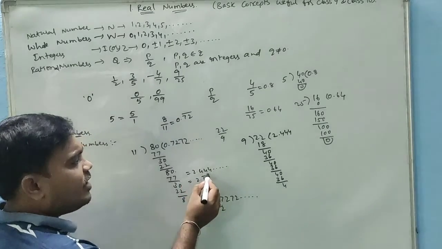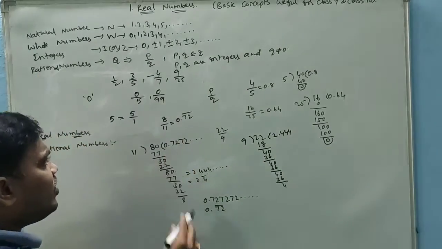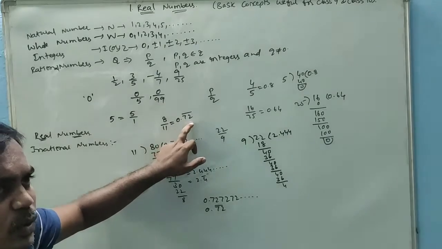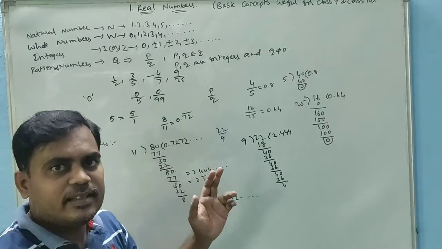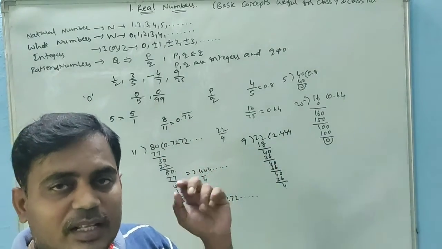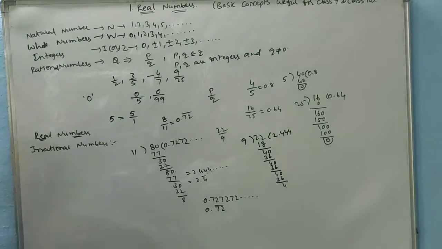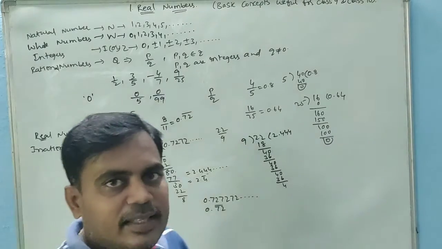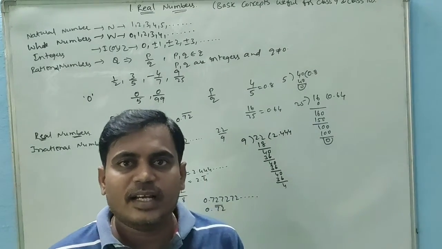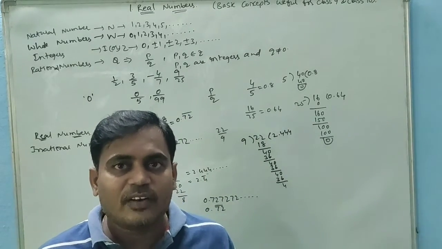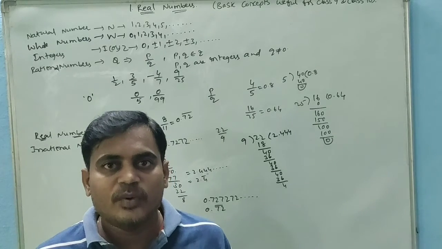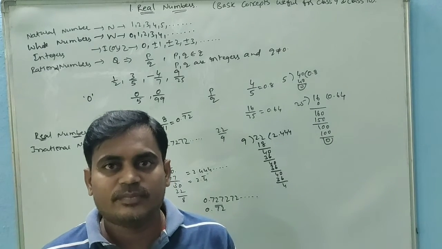So this periodicity is equal to 1. If we observe this one, what is repeating? 72, 72, 72, like this. So 72 is the period, so periodicity is equal to 2. With the help of period and periodicity, we can convert a decimal form to p by q form.